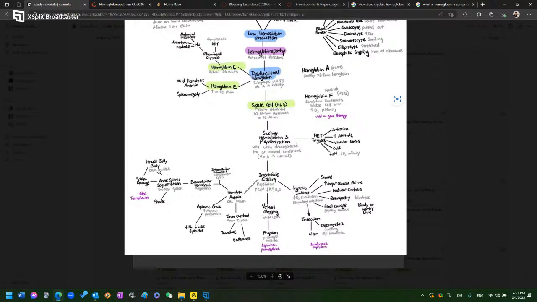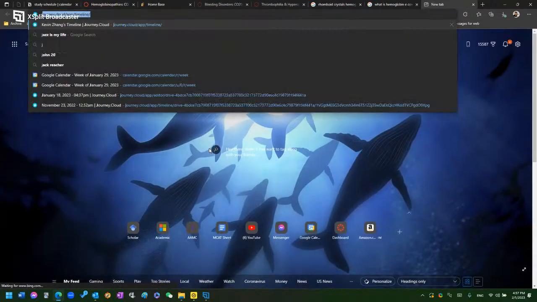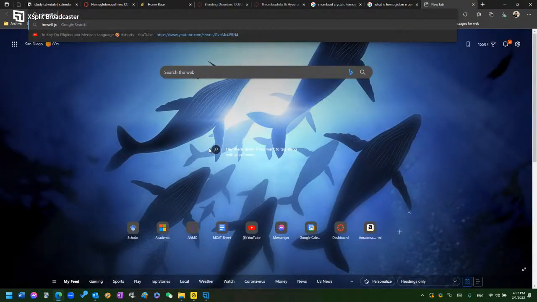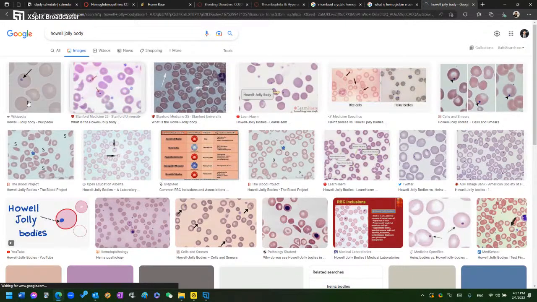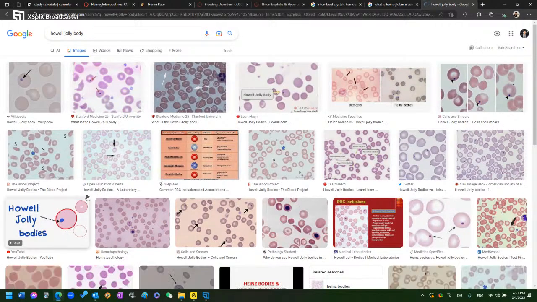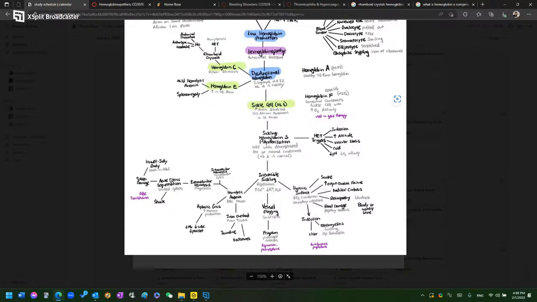I think the filtration on your red blood cells is not as good, so it lets some of these ugly guys get out, these Howell-Jolly bodies. Let's see if I can pull up. That have DNA inside them. Yeah, it's like a cute little mark, but no, that's an ugly sucker.